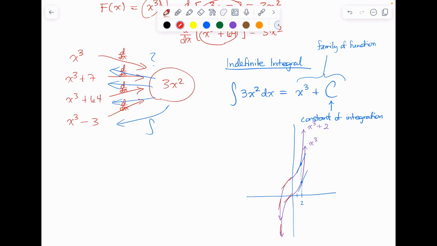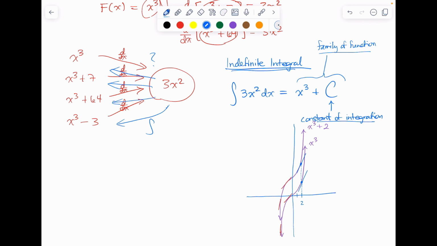So that's some really important vocabulary: constant of integration, family of functions, indefinite integral. Cool. Another way we can phrase this, which we will do a lot more later on, is through differential equations.